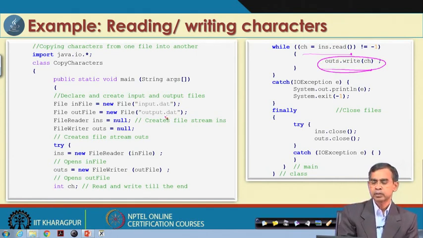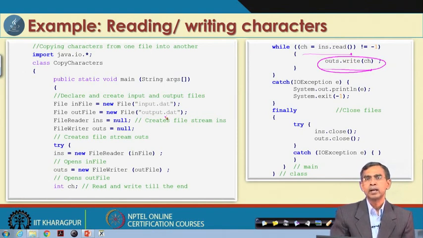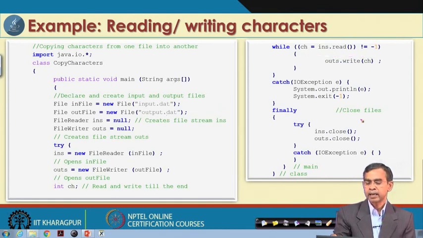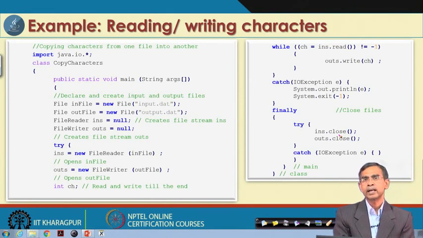So it reads one character from the input file called input.dat and writes the same character into the output file called output.dat. Again and again, and once the entire file is read and written, it closes the two objects using the close method.